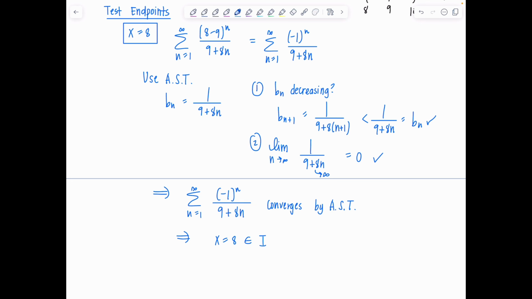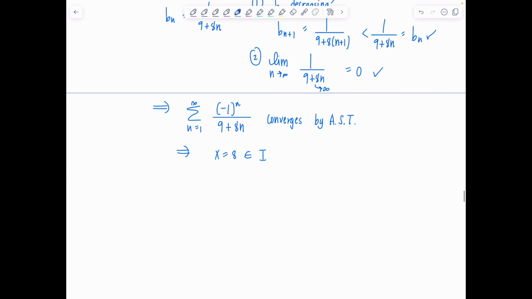Okay. Now let's check the other endpoint, x equals 10. So this time we're going to have the sum, n equals 1 to infinity, (10 minus 9) to the n over 9 plus 8n. And in the numerator, you're just going to get 1 to the n.